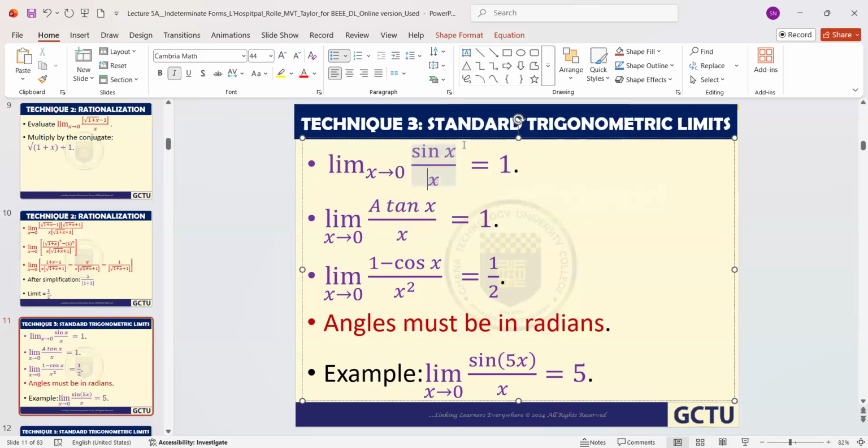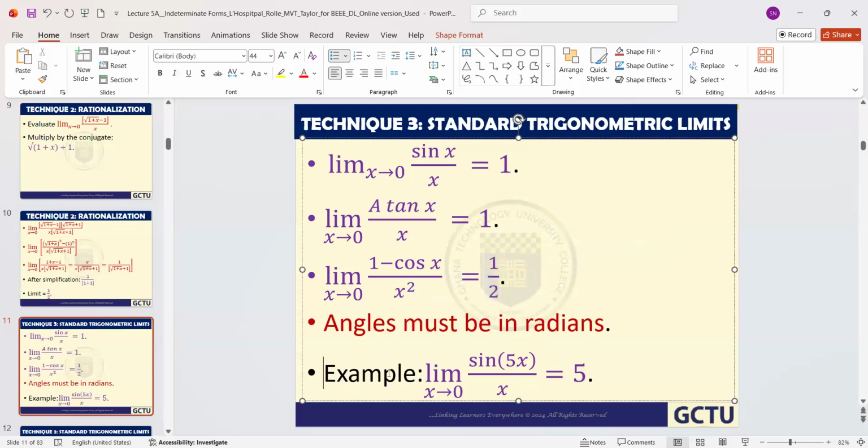If it's not x and it is 10x and the denominator is 10x, it will still be the same 1. So for tan, again, you have a constant multiplying tan x all over x will give you 1. And then for cos, if you have 1 minus cos x over x squared, these are standards, the limit will give you a half. So angles must be in radians to do this.